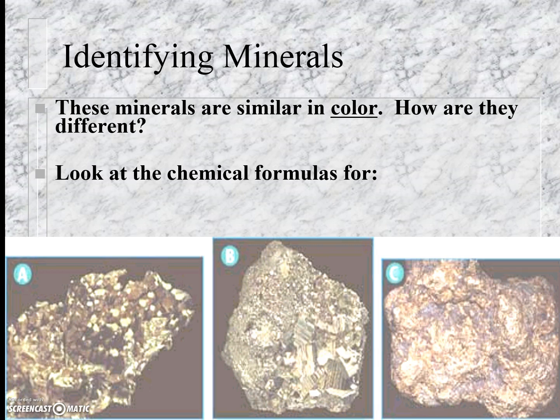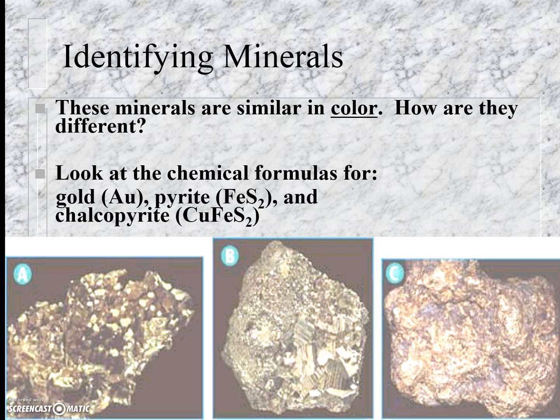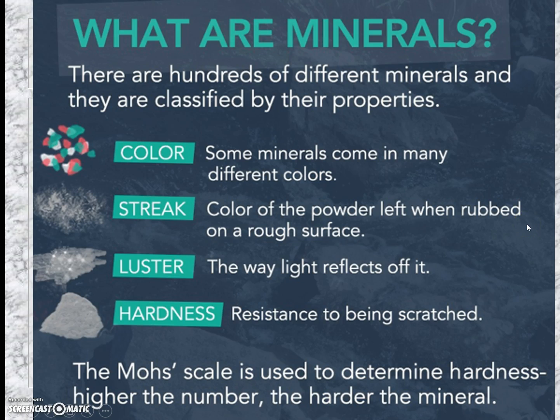So you would need to look at the chemical formulas for gold, pyrite, and chalcopyrite, okay? This one is actually gold over here, pyrite is in the middle, and the last one is over here. We'll take a look at those tomorrow in class, and we'll go over that a little bit later.